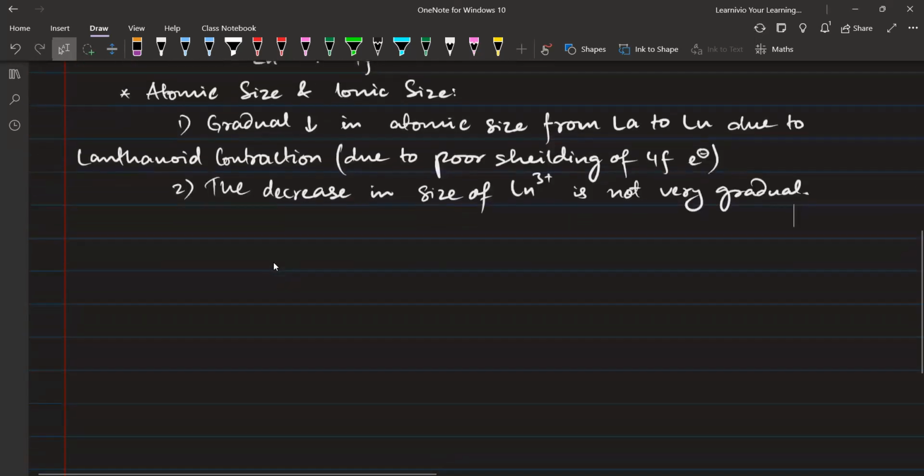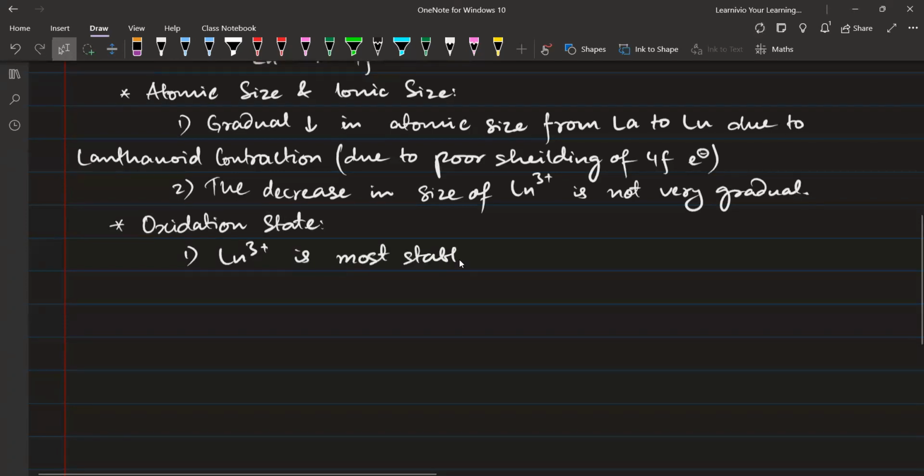Next thing is regarding the oxidation state. Now, first of all, we have seen that Ln3 positive is the most stable oxidation state.